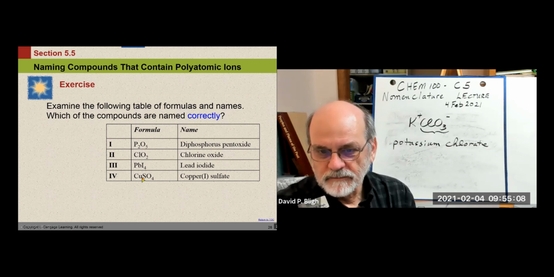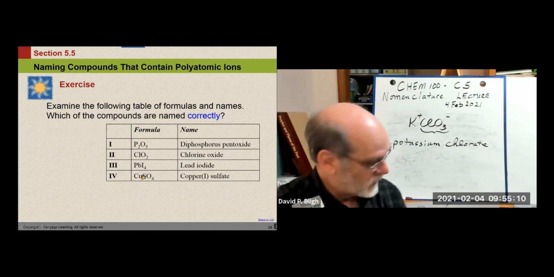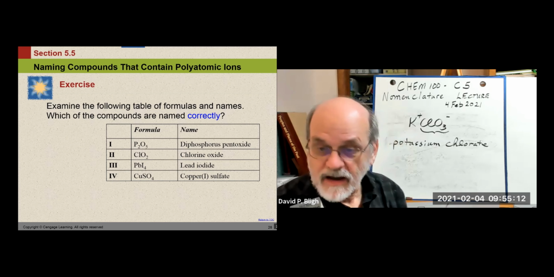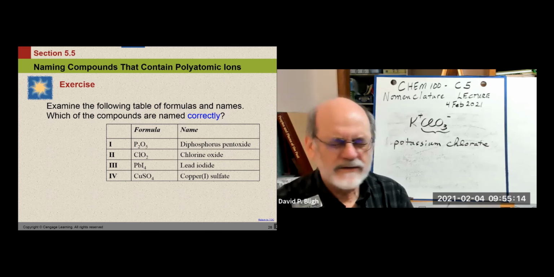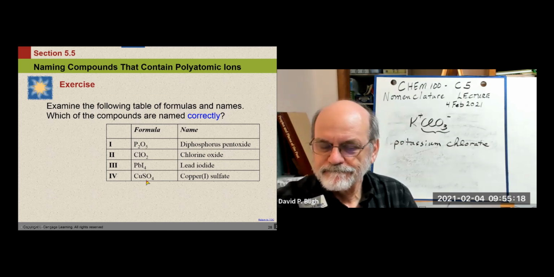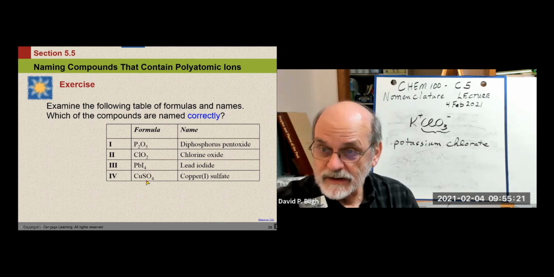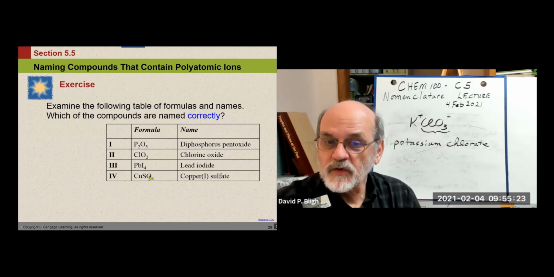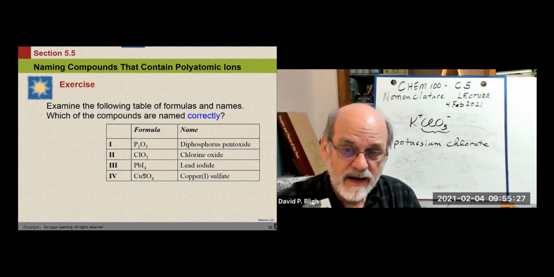How about this one? Where does copper come from? Well, let's see. Copper is a transition metal. So a transition metal needs a Roman numeral. Is it the correct Roman numeral? SO4 is a polyatomic ion called sulfate. It has a 2- charge.